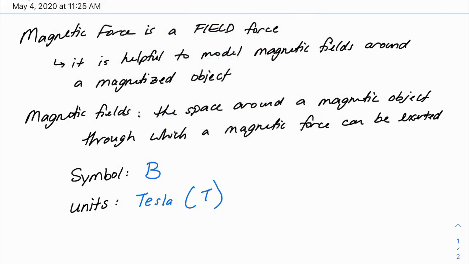There is a mathematical model that describes the magnetic field due to a moving charge, the magnetic field due to a current, which is a whole bunch of moving charges. But we are not going to get into the nuances of that magnetic field equation.